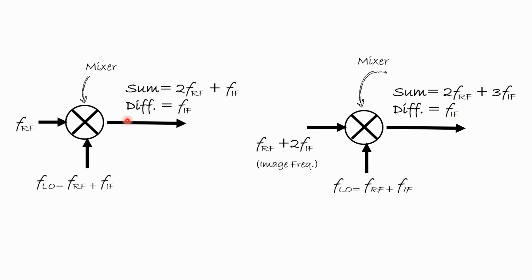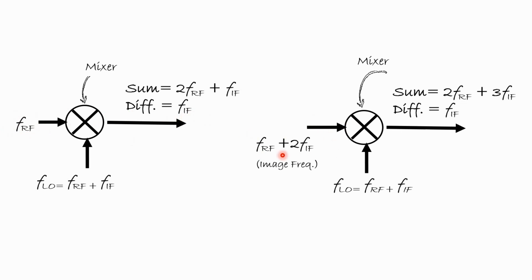And these two signals, meaning different frequencies, are given to the IF filter section. So in both cases, the IF filter cannot distinguish between the original input and this image signal frequency, right? If the original input is FRF, then the difference frequency is FIF.